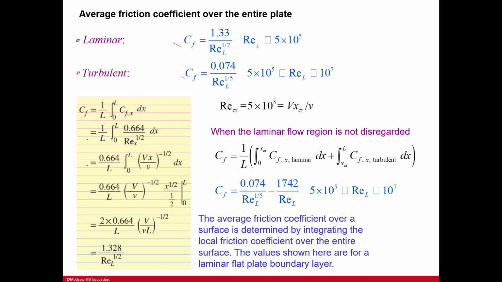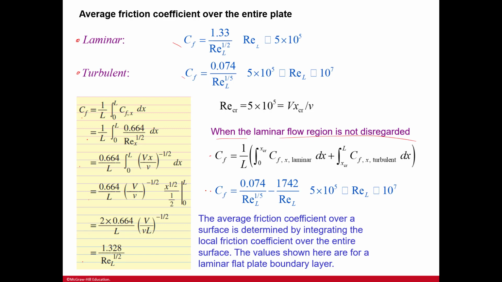Here you have these being solved and reducing down. When the laminar flow region is not disregarded, you can use this one, and we'll talk about these, of course, in another video. The average friction coefficient over a surface is determined by integrating the local friction coefficient over the entire surface.